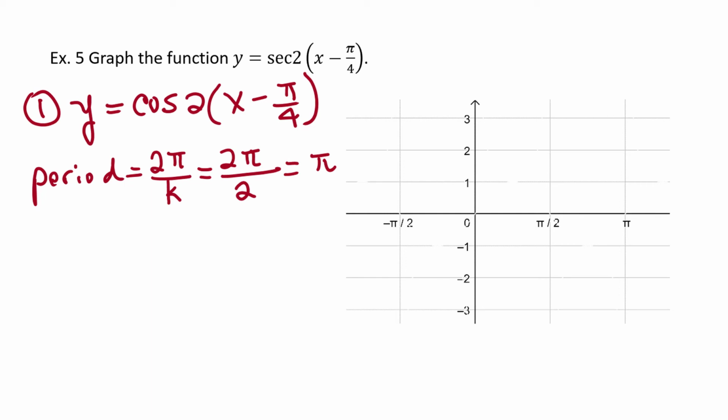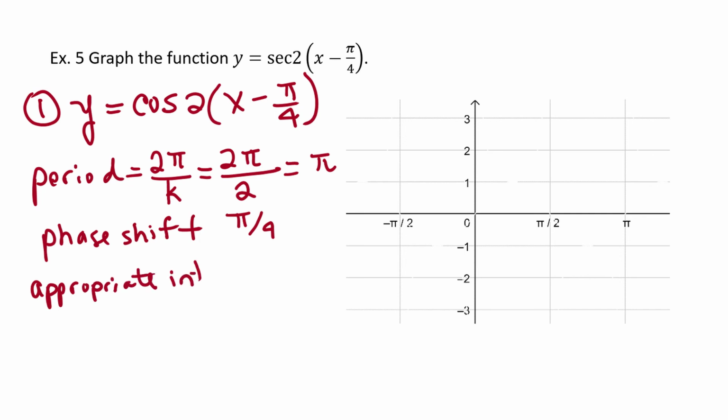Now, the phase shift, we've got x minus pi over 4. So the phase shift is pi over 4 to the right. An appropriate interval, one that'll give us all of the characteristics for one complete period, we can do by starting at pi over 4 and then adding the period to it.